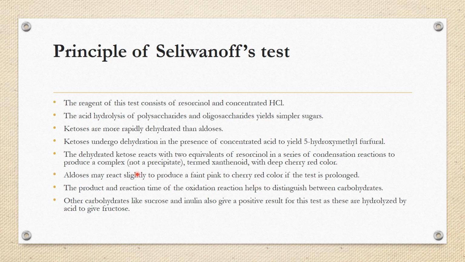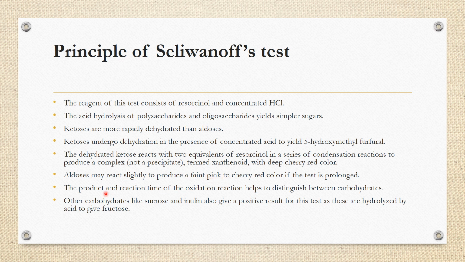The product and reaction time of the reaction help to distinguish between carbohydrates. As I said, the ketoses react more rapidly and give a deep cherry red color, but aldoses react slightly and need a prolonged time, and they give a faint pink to cherry red, not deep cherry, just cherry red color.